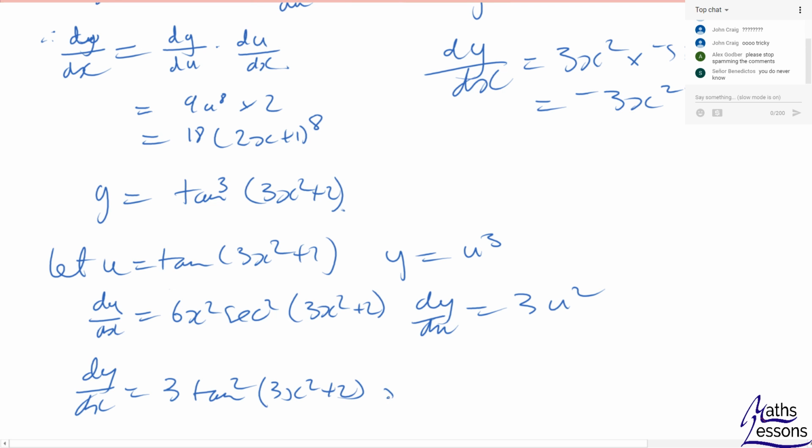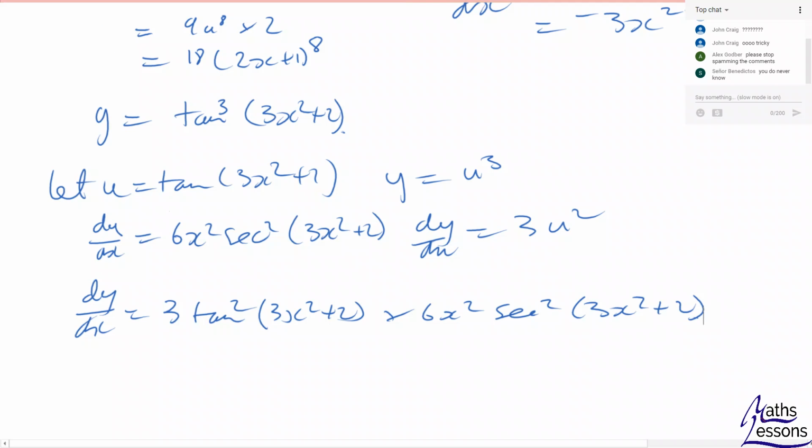And then we're going to times that by 6x squared sec squared 3x squared plus 2. And we can simplify that a bit down if we wanted to get 18x squared tan squared 3x squared plus 2 times sec squared 3x squared plus 2.